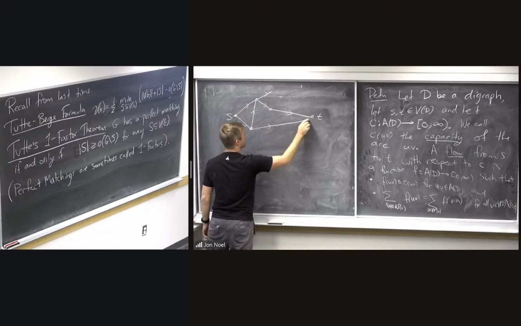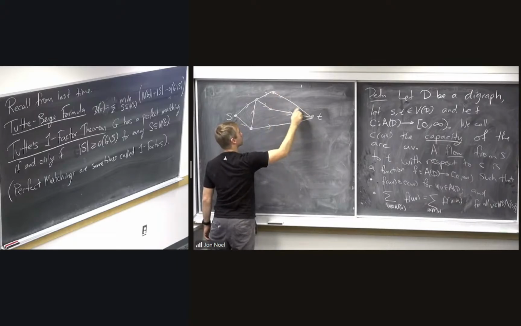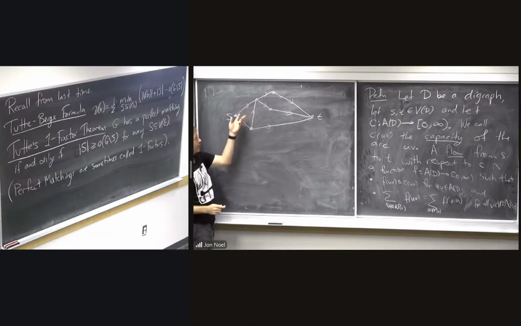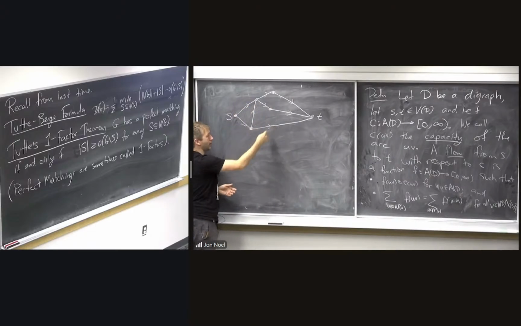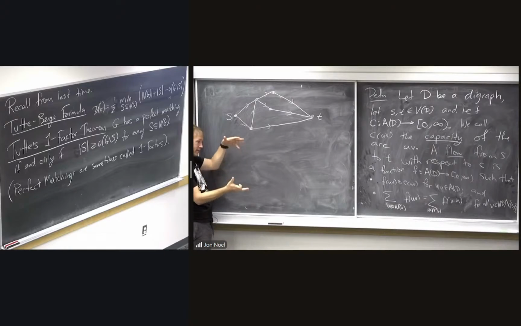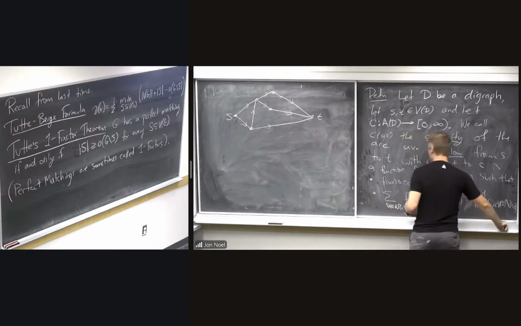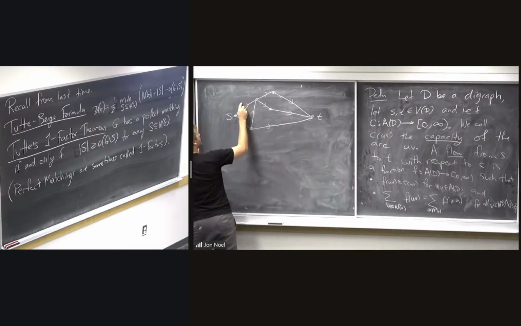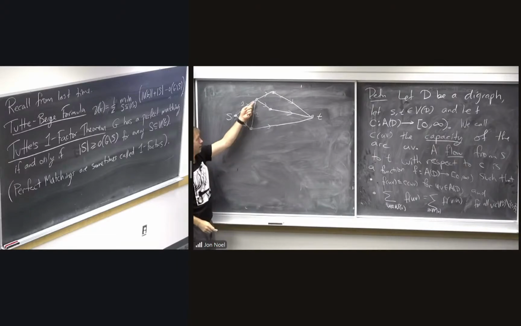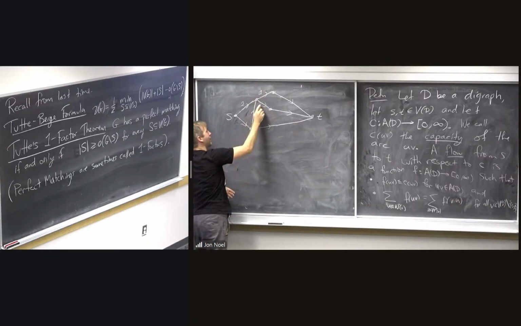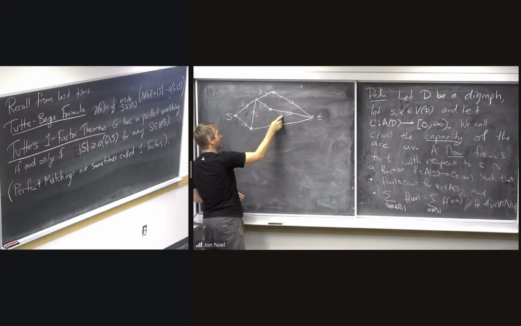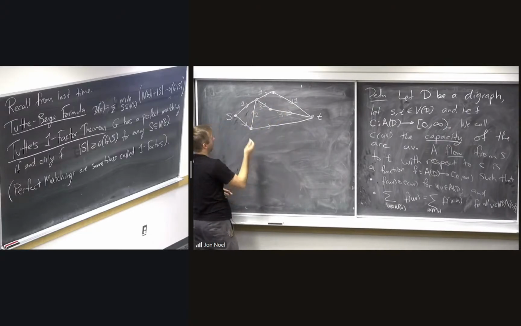Maybe each of these arcs is a water pipe, and they all have some capacity based on the thickness. If there are 2 units of flow going on this arc, and 2 on this one, I don't want a surplus of water there. So if the flow coming into that vertex is 4, it needs to be 4 coming out. It could be 1 that way and 3 that way, for example. Maybe 3 here and 1 here.